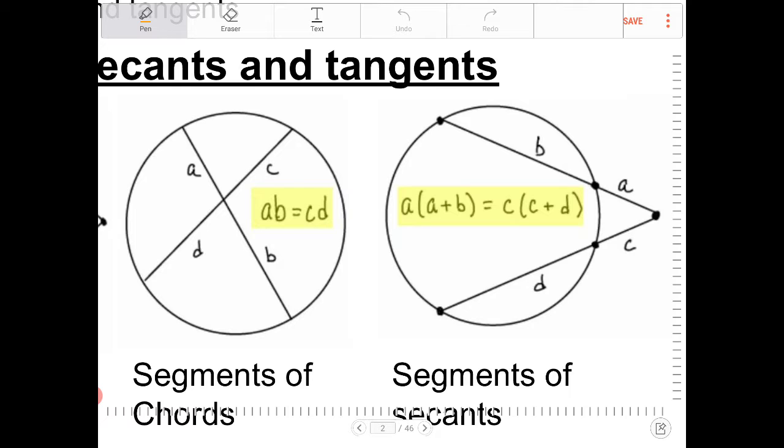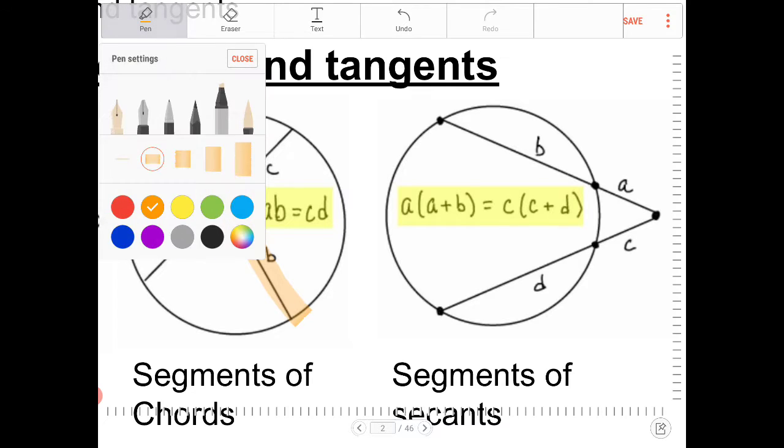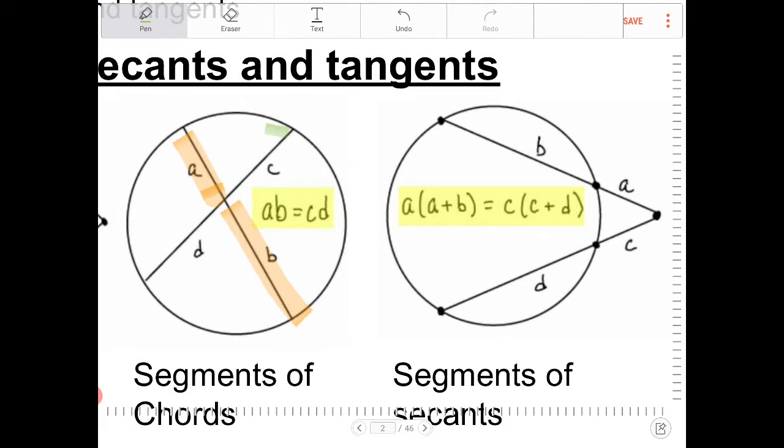So what this is saying is, if I take one chord that's been partitioned, take the partitions and multiply them together, it will equal the product of the partitions of the second chord.